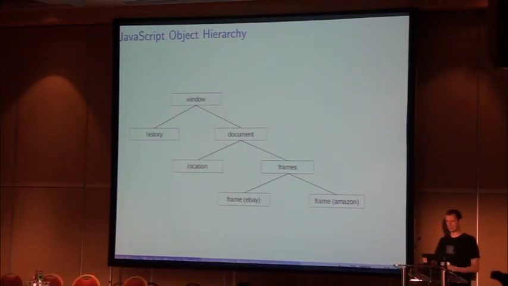When you think of JavaScript object hierarchy, it's basically, theoretically speaking, an object capability world, where just by having these objects, you have access to the methods and can call them or read the properties. That's a very good thing to deal with security-wise.